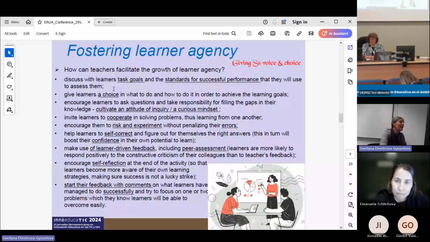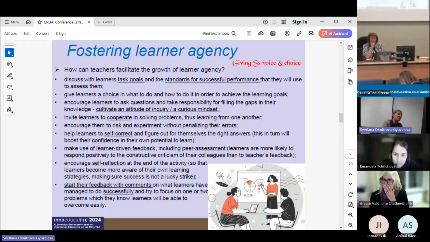You also try to cultivate a curious mindset, an attitude of inquiry. That is, encourage questions. There is no such thing as a bad question. In this way, they would take responsibility for their own learning, filling in the gaps in their own knowledge. And you will also invite them to cooperate with other learners in solving the problems, doing the tasks, because, you know, they can learn from each other and much better than from us.